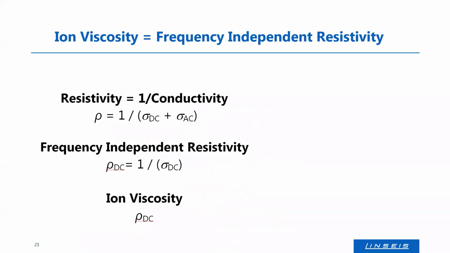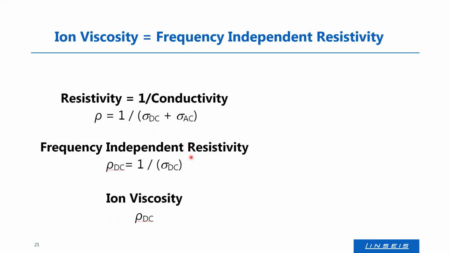There is one more very important fact which you need to know to get good results: the resistivity or conductivity consists of two parts. A frequency-dependent part and a frequency-independent part. And for our data interpretation, we need only the frequency-independent resistivity.